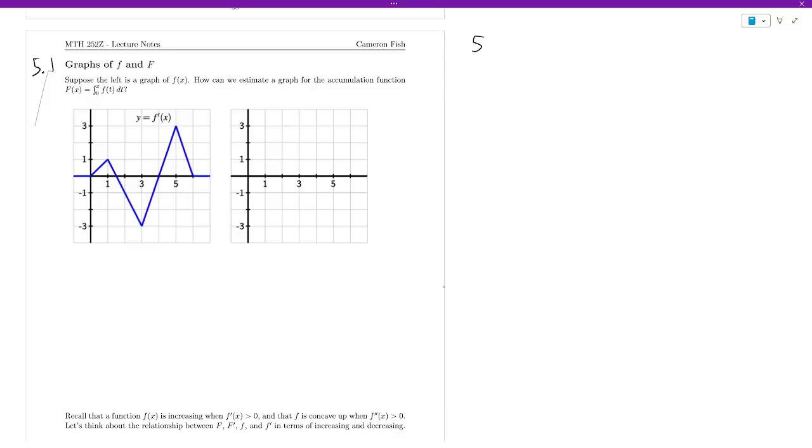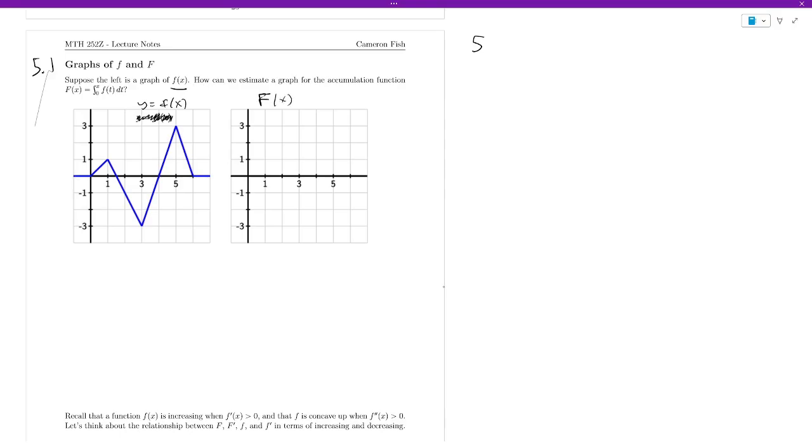This graph on the left is supposed to be a graph of f of x. This is a typo. This should be y equals f of x. Sorry. So we have little f of x, and on the right hand side, the plan is to graph my accumulation function. By the way, I'm using a capital F here.